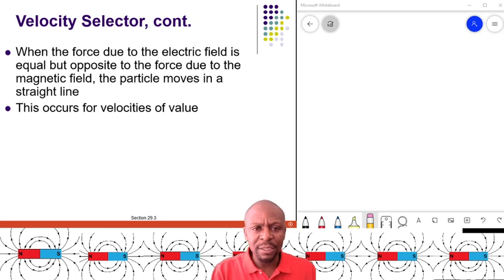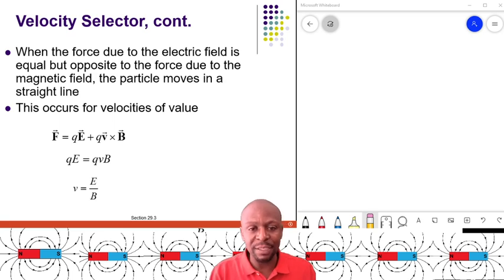This occurs for velocities of specific values. Now, I'm going to equate the electric force to the magnetic force, and from that you can see q will cancel q. Therefore, those particles must be moving at that specific velocity, where the velocity is the ratio of the electric field to the magnetic field.